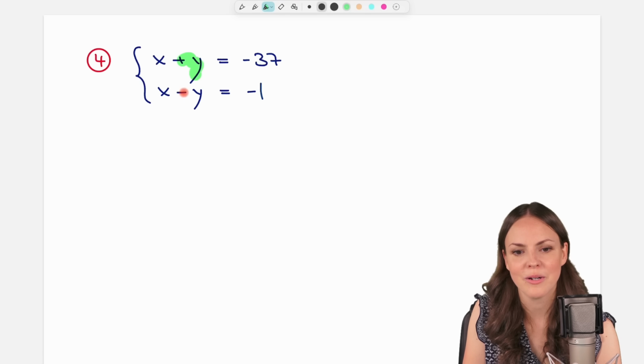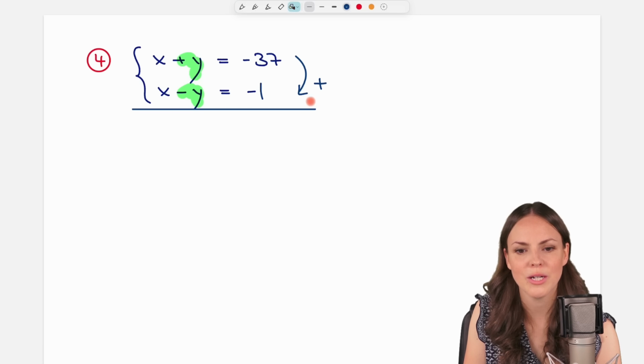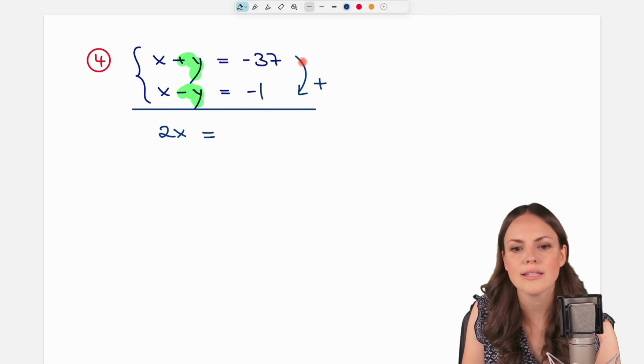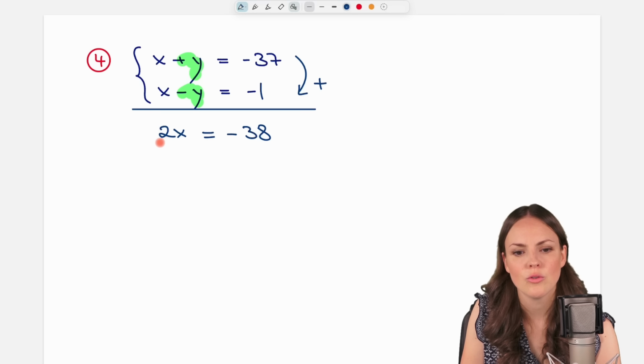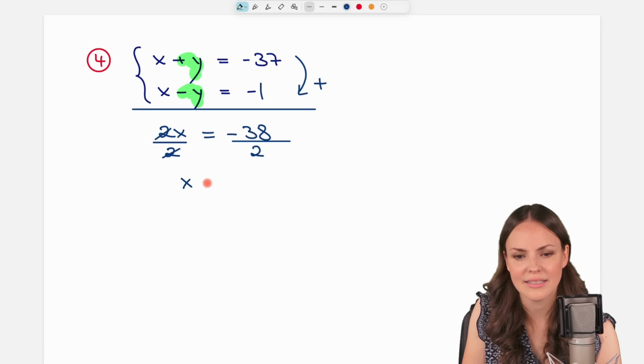Very similar, we want to get rid of our y, so let's add our two equations. We get 2x again on this side, and here negative 37 plus negative 1. So negative 37 minus 1 is negative 38. To solve for x, let's divide by 2 again, so that we get x is equal to negative 19 in this case.